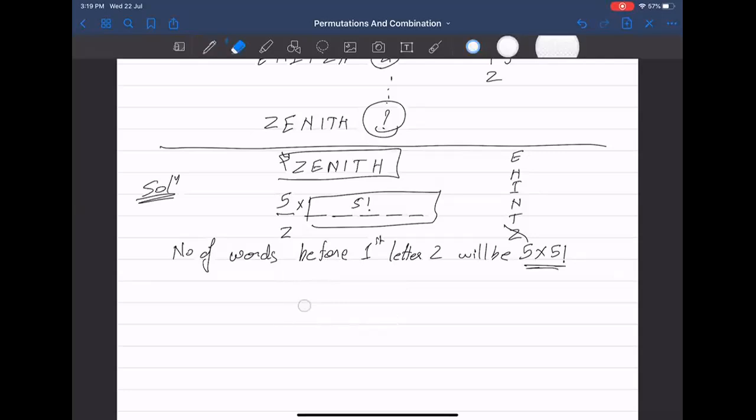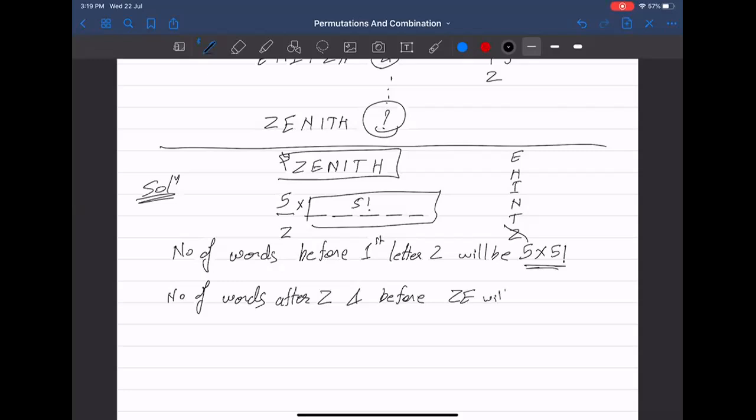Okay. Now zenith के Z आ गया हम लोग. We reached Z. Now understand the question. Number of words after Z and before ZE will be.